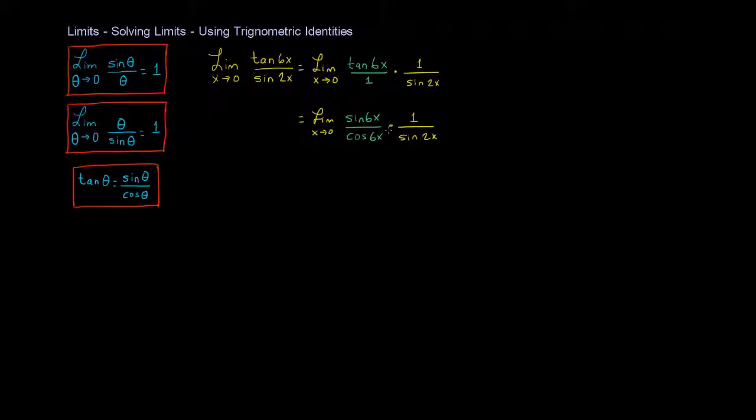Now I'm going to split these two just like the previous step. So we'll be getting the limit when x approaches 0 of sine of 6 times x over 1 times 1 over cosine of 6 times x, and the rest remains the same, 1 over sine of 2 times x.